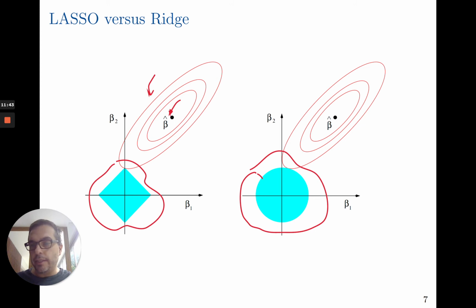So you see here that, as we have kinks on this surface, we can get a solution that's exactly zero. And this is not going to happen here with ridge, okay? So it's a very neat and simple way to see the difference between lasso and ridge.